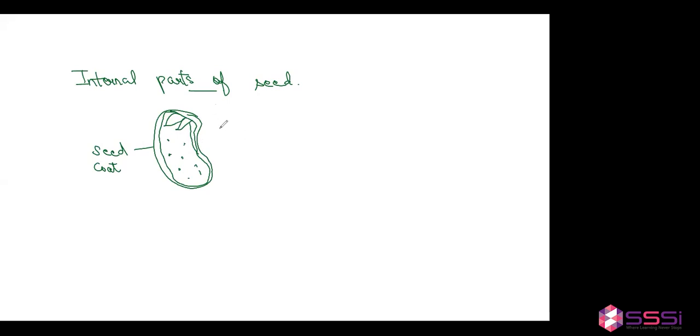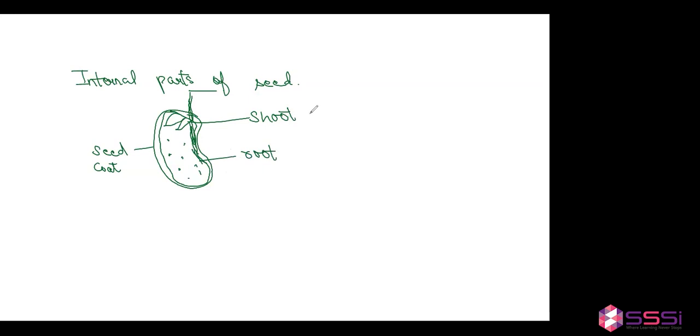Have you seen, when the seed grows, the stem comes out from here? So this part is known as the shoot, and below here, this is known as the root.